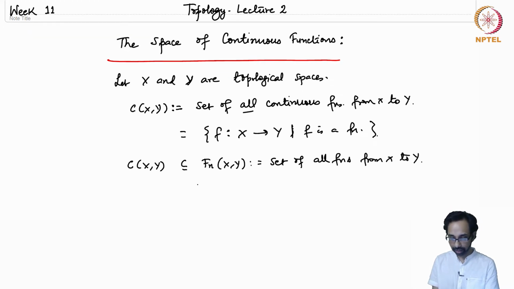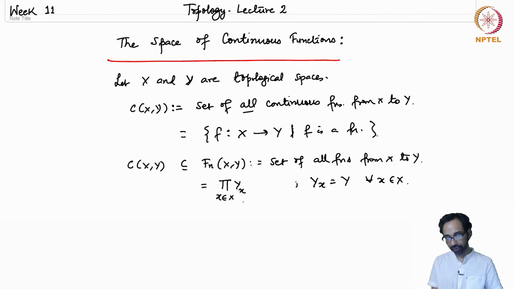However, this is nothing but the product space indexed over the domain, which is X, and the family of topological spaces which I denote by Y_x. So here Y_x equals Y for all x, which means that each Y_x is taken to be Y with the same topology that we are starting out with.